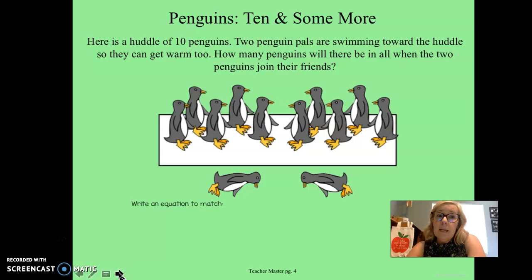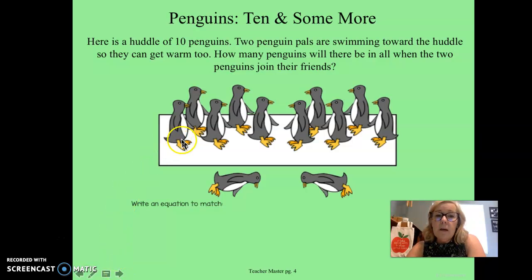Penguins 10 and some more. Here is a huddle of 10 penguins. 2 penguin pals are swimming toward the huddle so they can get warm too. How many penguins will there be in all when the 2 penguins join their friends?